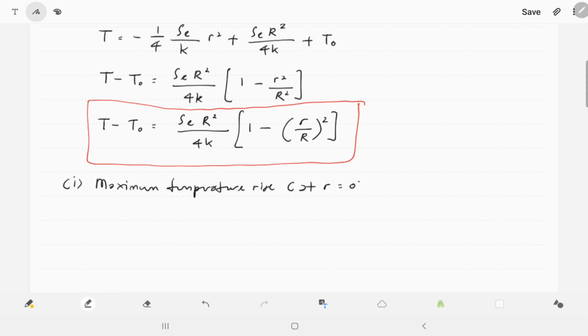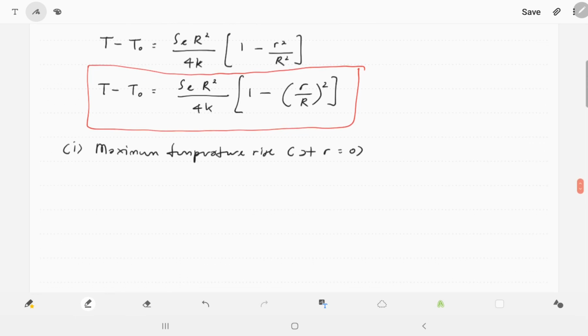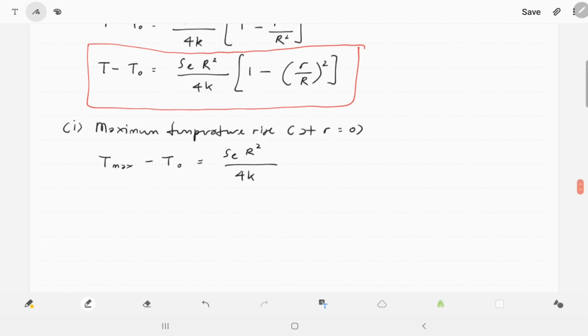It will occur at the axial portion, so it's in the center of your cylindrical electric wire, and this value will be T max minus T0 equal to S_e capital R squared divided by 4k. We will continue deriving the next quantity of interest in the next video. Thank you.